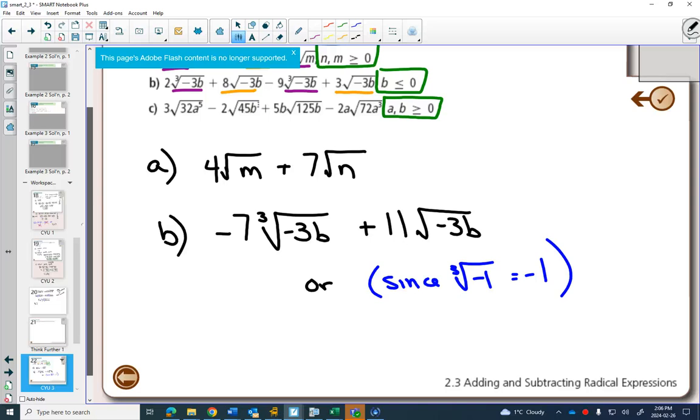You look at all 4 multiple choice answers and none of them match because they've done this. The cube root of a negative is a negative on the outside, so that means I could change this first one, pull the negative out, and make that +7 cube root of +3b plus 11 square root of -3b.